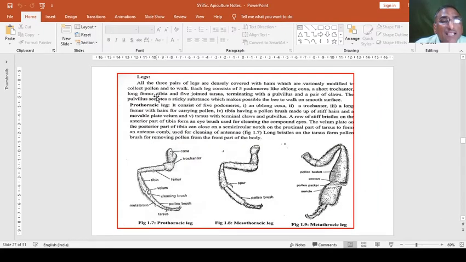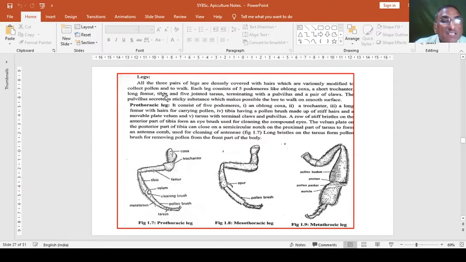Now in the thorax, legs and wings are there. So we will see all the legs, of what type they are and what function they perform on the body of the honeybee. So these are the three legs: prothoracic leg, mesothoracic leg and metathoracic leg. Three legs are performing three different functions and have three different structures.